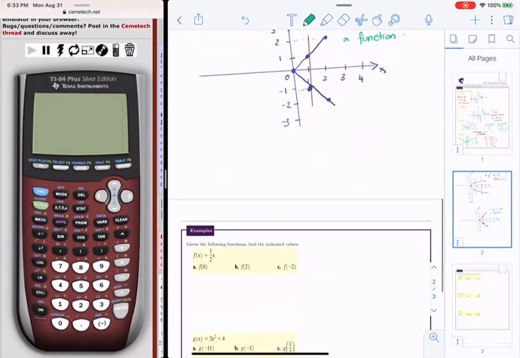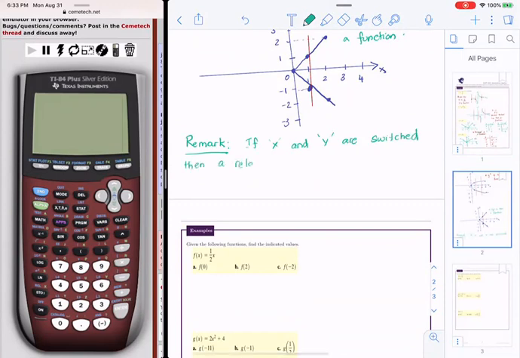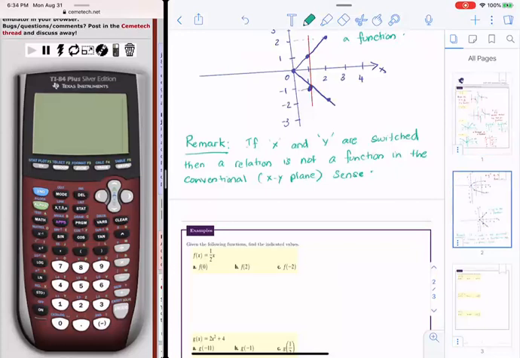A key remark. So if we switch x and y, then whatever expression that we have, whatever relation that we have, is not a function in the conventional xy plane sense.